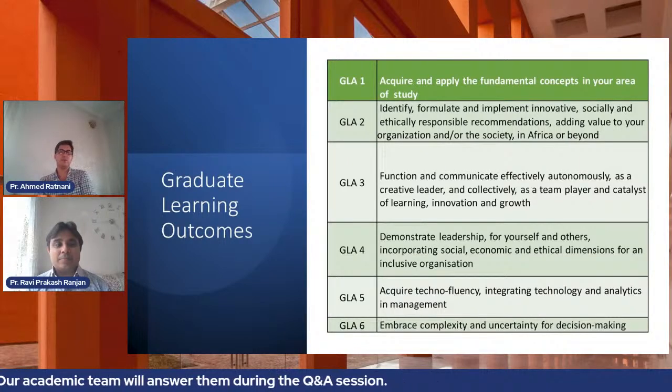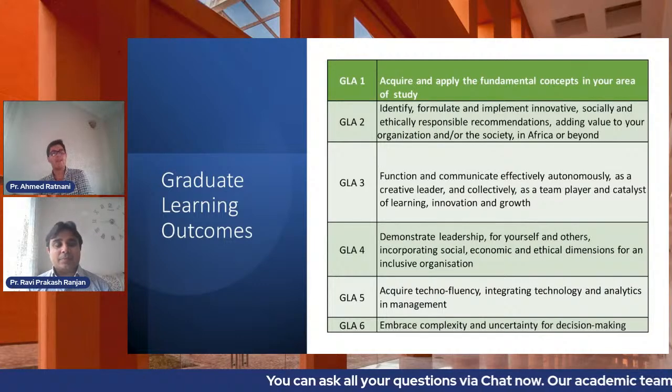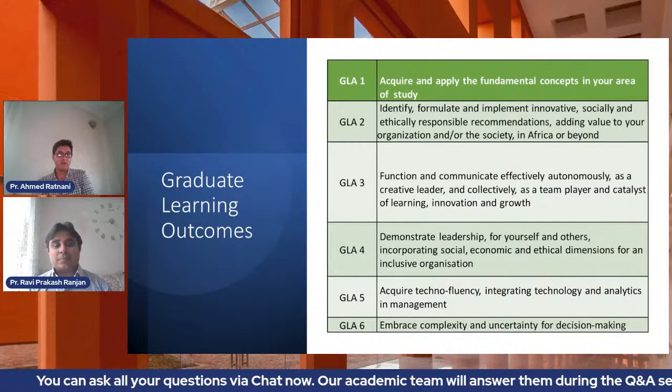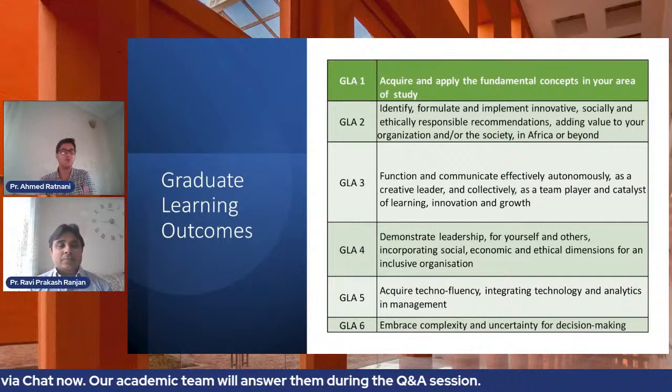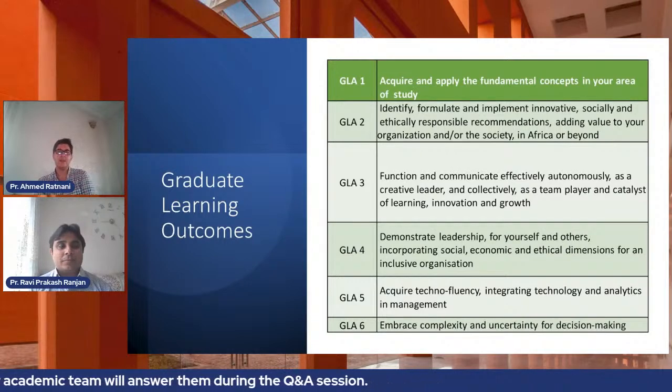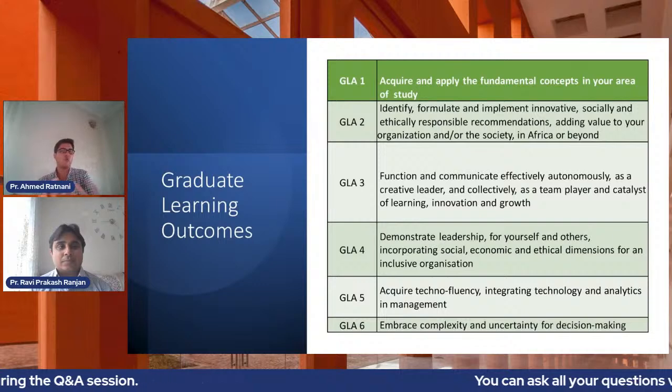We want people who can be team players, but who are also a catalyst for this team, that can allow innovation and growth in their organization, but also in their society. So it's also important to acquire techno fluency.